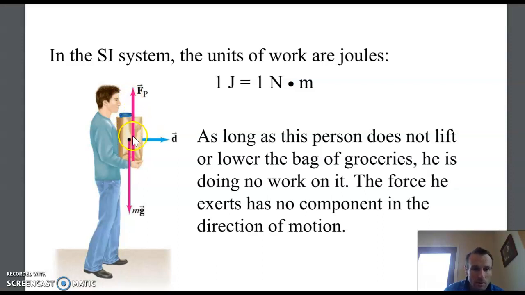But in this case, we're going to say that the guy is not doing any work, and we can go back into the definition of work. If we took the cosine of theta, in this case, it would be 90 degrees. And so that would not contribute any useful work.